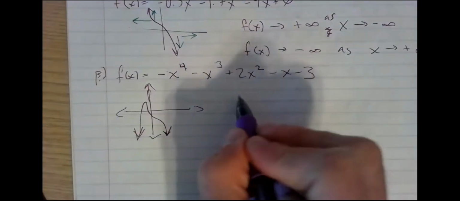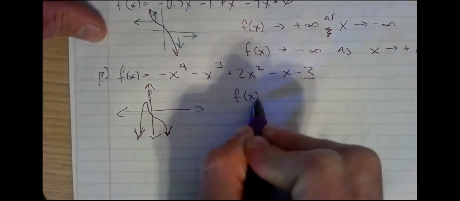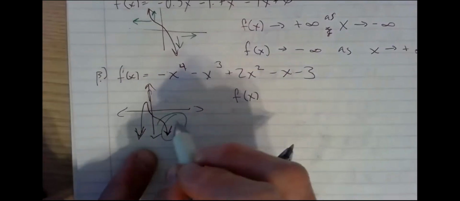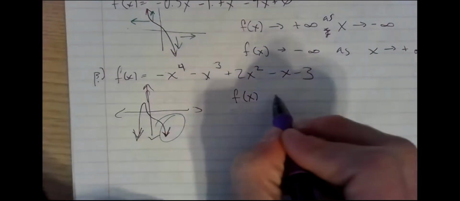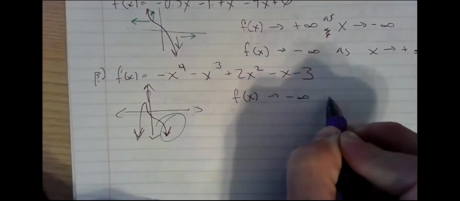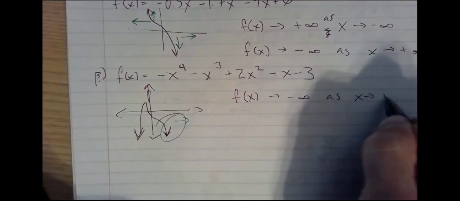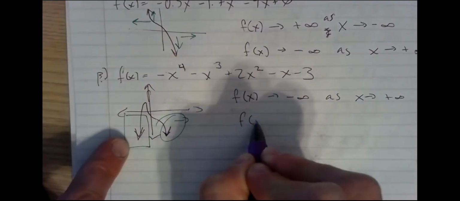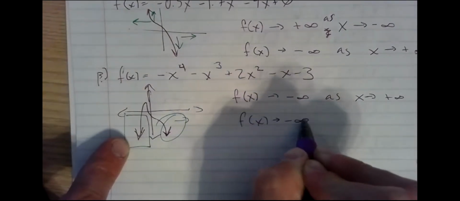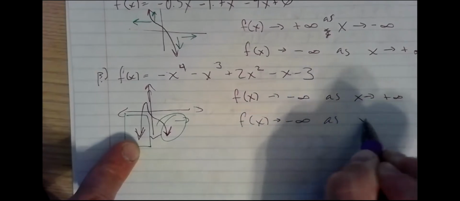So let's start with the right side. f of x is going towards negative infinity as our x's go to the right, as x goes towards positive infinity. Now let's go over here. f of x is still going towards negative infinity, right? It's going down as x goes towards negative infinity.